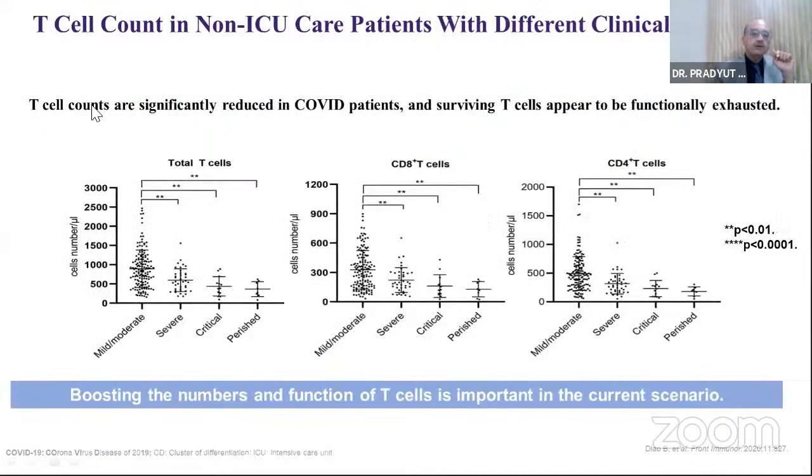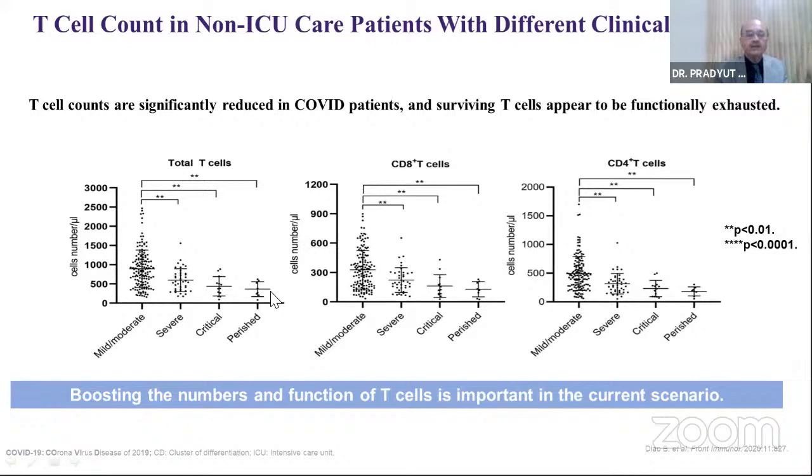It was also studied, this was in China, I think, and they said the T cell counts are significantly reduced in COVID patients, and whatever T cells are surviving, they are also functionally incompetent. So here they measured the T cell populations in moderate COVID, severe COVID, critical COVID, and those who have died.